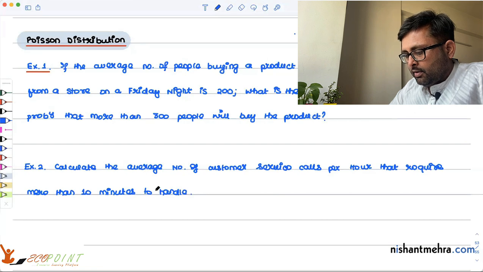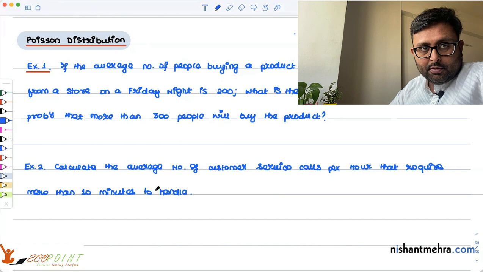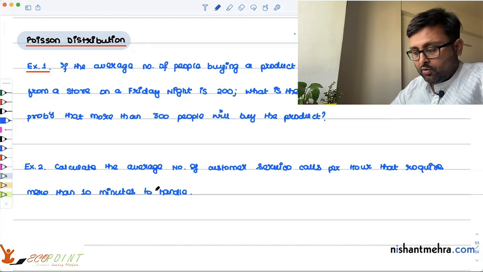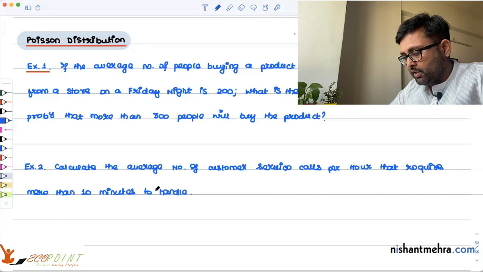Right. So you can calculate using Poisson distribution. What you can calculate is the probability of the maximum number of calls that you might get per hour which are going to require more than 10 minutes of the customer service time.